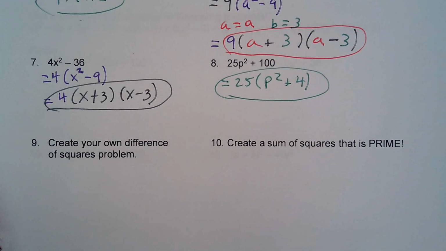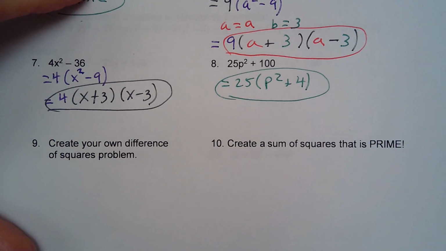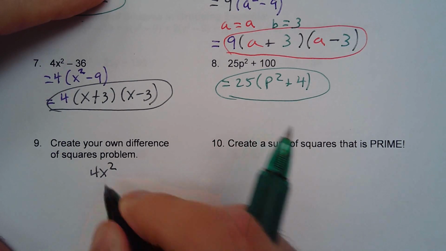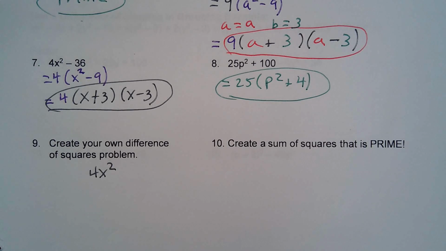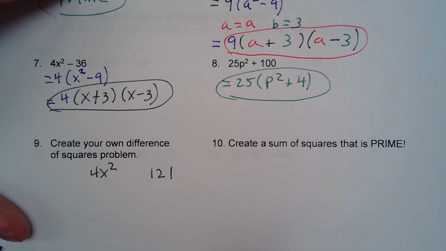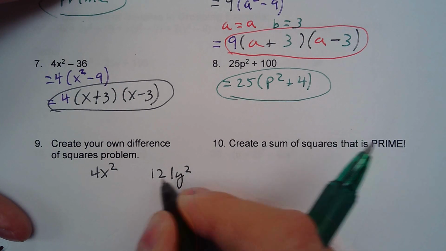All right, let's look at number 9. It says create your own difference of squares problem. All right, well, let's have some fun with this. I need a perfect square, so I'm going to do a 4x squared. And I need another perfect square. Well, 11 times 11 is 121. And let's make it more interesting. Let's make that a y squared. And then I need subtraction.